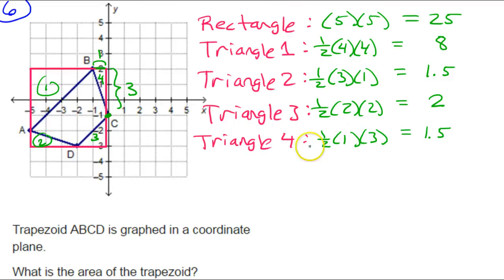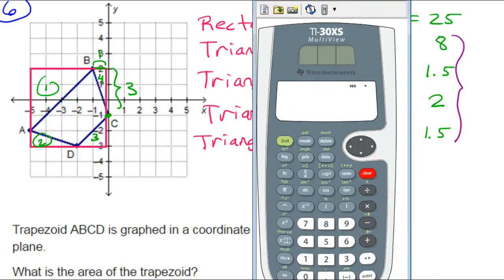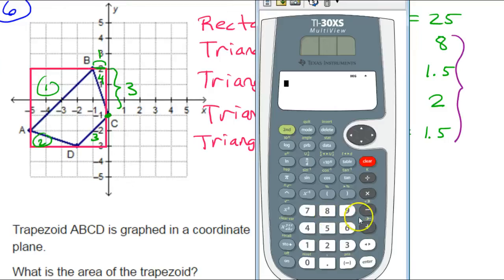Okay? So, if I want the area of the trapezoid, I'm going to take the area of my rectangle and I'm going to subtract all my triangles. Okay, so let's do this. Let us add up all the triangles first. So we have 8 plus 1.5 plus 2 plus 1.5.